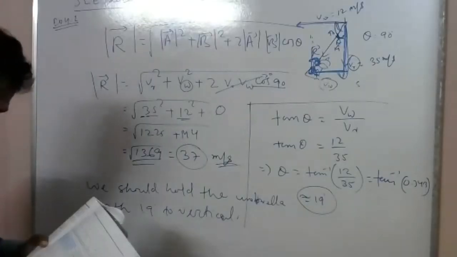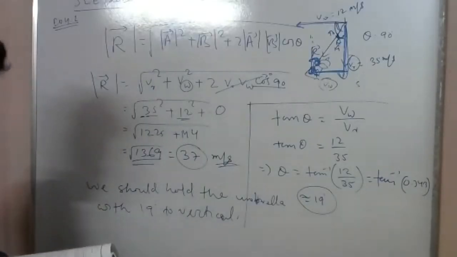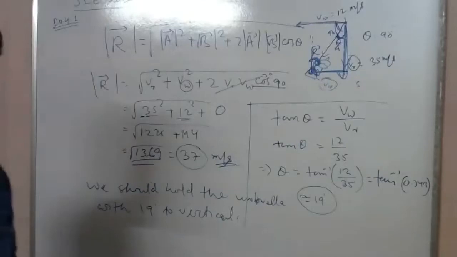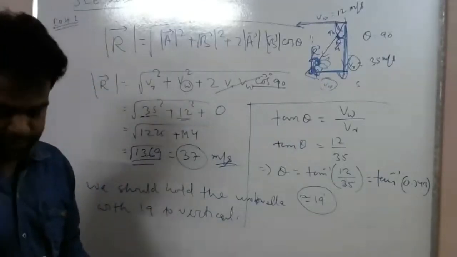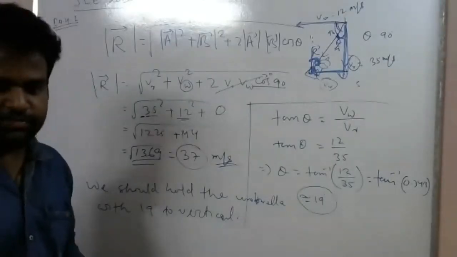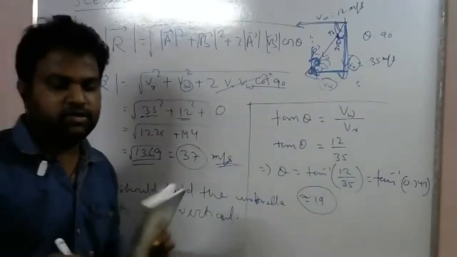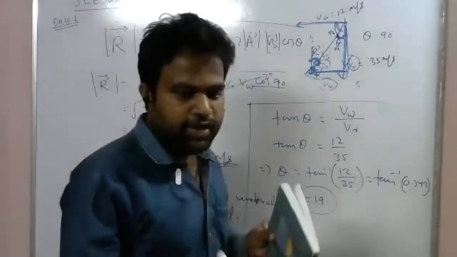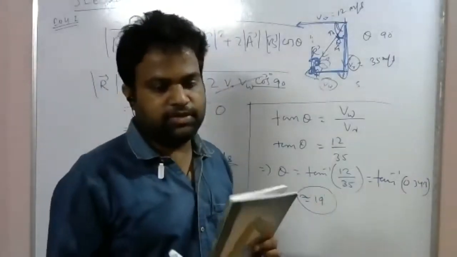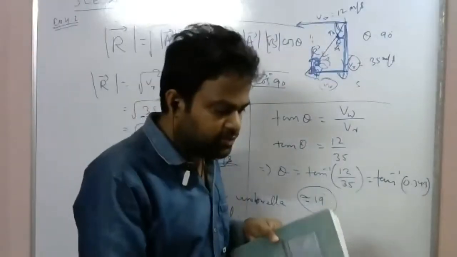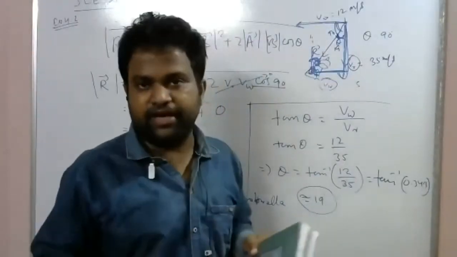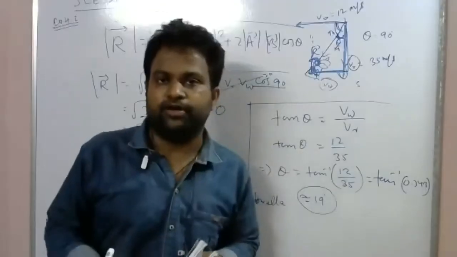Now we'll solve one more question, based on relative velocity in 2 dimensions. Relative velocity means the velocity of one object with respect to another object. For example, one car is moving at 30 km per hour and the second car is moving at 40 km per hour.